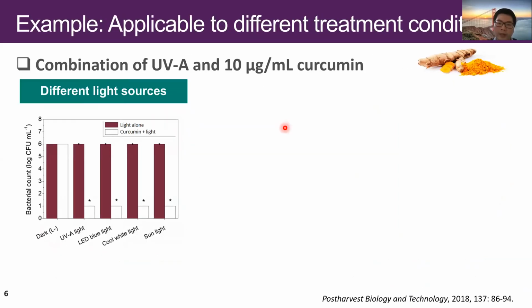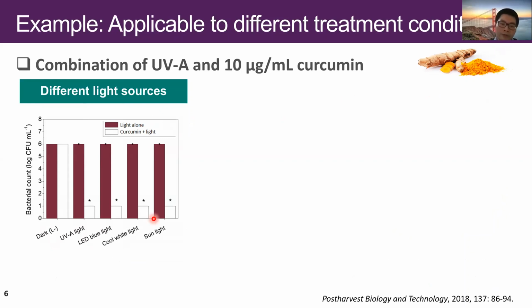Here is one typical example, and it has been widely studied in recent years. They are using a very low concentration of curcumin, like 10 microgram per milliliter, combined with UVA light.